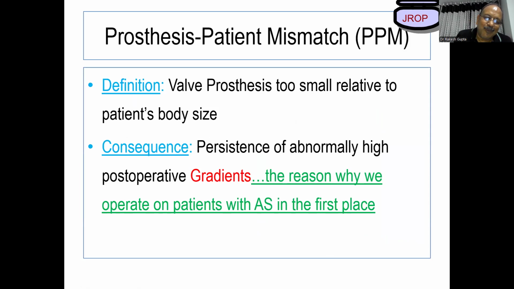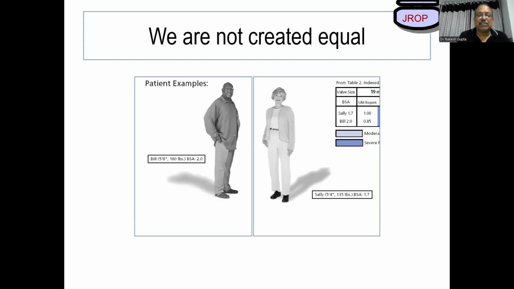What does it mean? Look, I'm about 100 kg in weight, and when I go for assessment, my body surface area is 1.8 or 1.9. So if I get a prosthetic valve matched to 1.8 or 1.9, that will not be right.